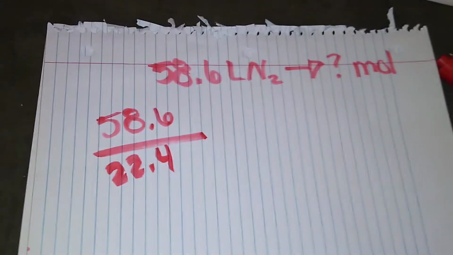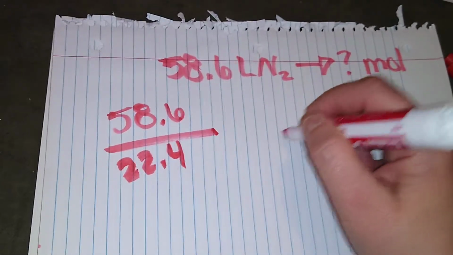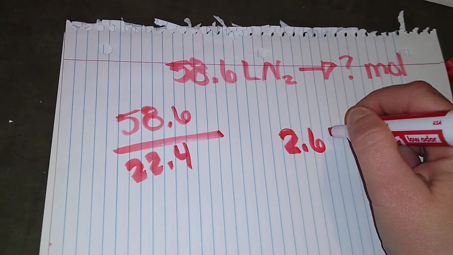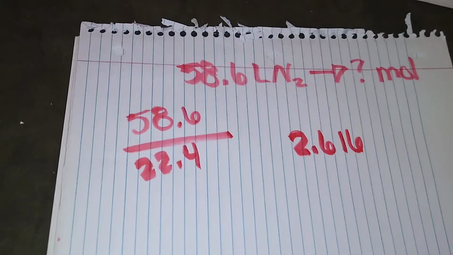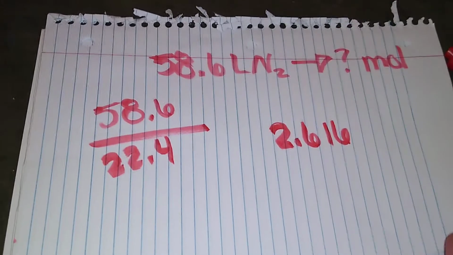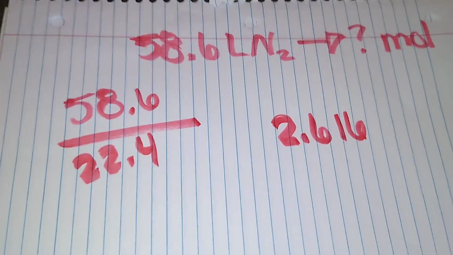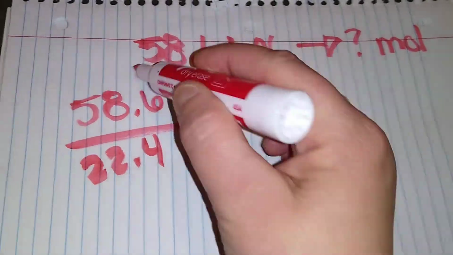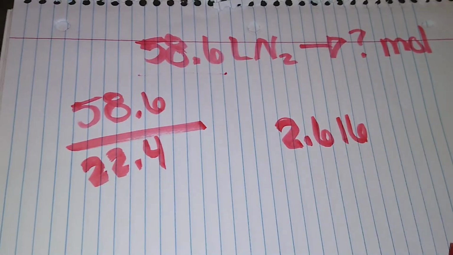So you go ahead and put that in your calculator and you end up with 2.616. But again, we can't have all of those digits because we have to look at sig figs. Now, how many sig figs did we start with? 3. So we have to end with 3.